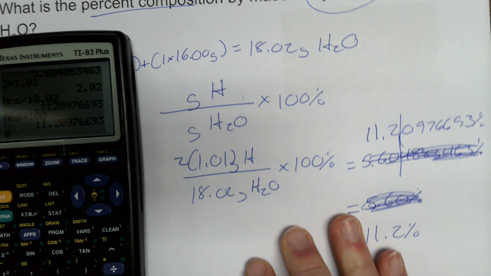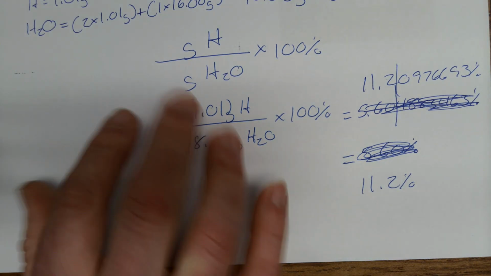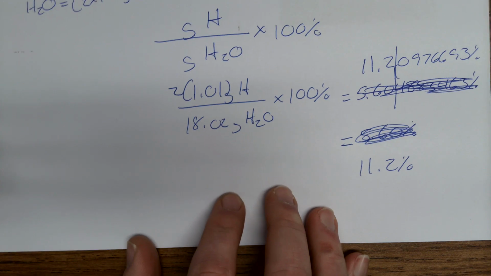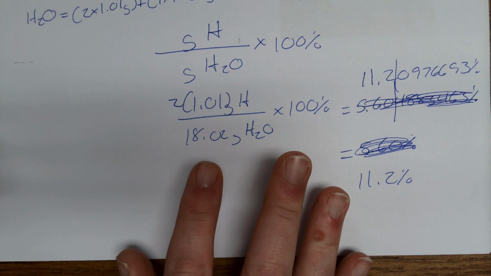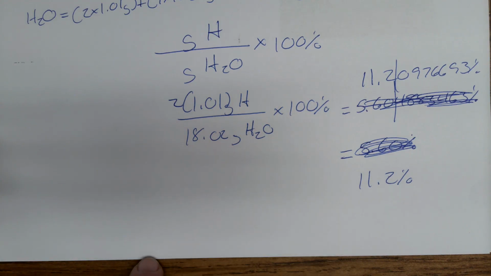I apologize about that. I made a small mistake on that one. That's on me. Because there are 2 hydrogens in my molecule, I have to account for both of them. I apologize about that one, ladies and gentlemen. A water molecule consists of 11.2% hydrogen. My bad.